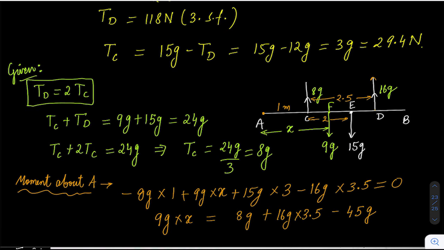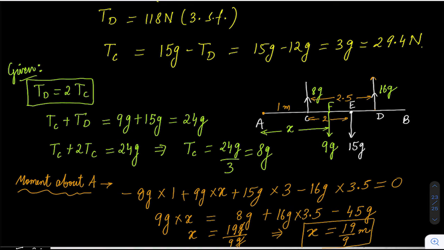So 16 into 3.5 is 56, plus 8 is 64. 64 minus 45 is 19. So we are getting x as 19G divided by 9G. So we can cancel this G. It implies my distance x is nothing but 19 over 9 meters. So that is my answer.